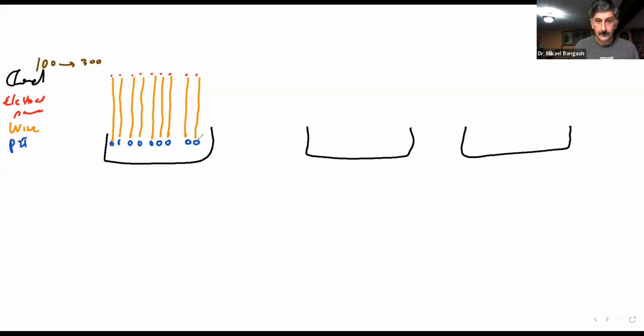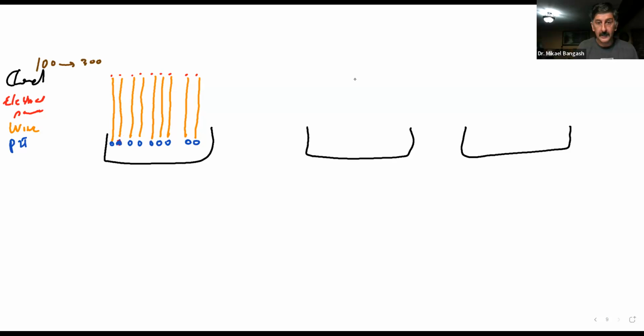Now, if this is how it goes, where the electrical sources send their signals through the wire and fire at the same time, that means all your PZTs will get stimulated at the same time as well.